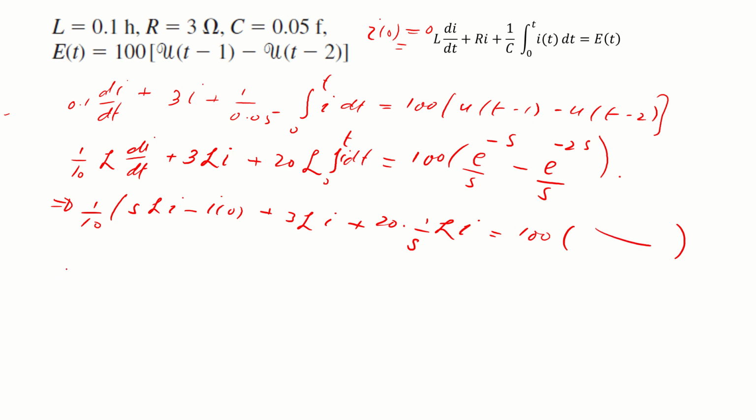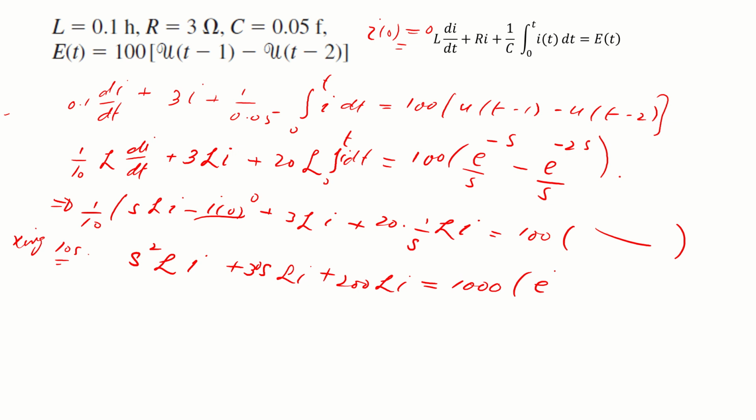Now what we can do, we can simply multiply this by 10s, just to simplify the thing. So multiplying by 10s, this will cancel, so we get s square Laplace of I, this is 0 because given at 0, plus 30s Laplace of I, plus 200 Laplace of I is equal to 10,000, and s will be cancelled with each one, so e power minus s minus e power minus 2s.